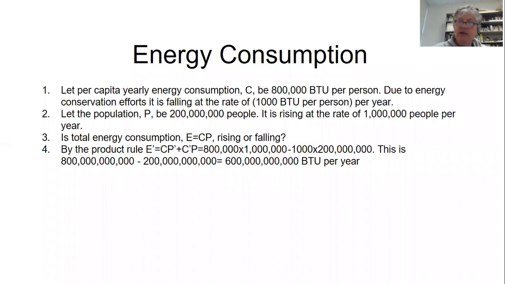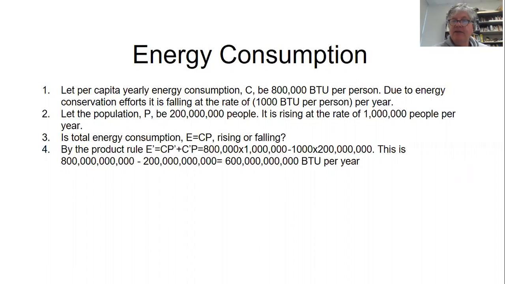Let's do a couple of word problems. Okay, let's have a look at energy consumption. So let's say that per capita yearly energy consumption C is 800,000 BTUs per person. So BTU is a British thermal unit. It's some measure of energy.